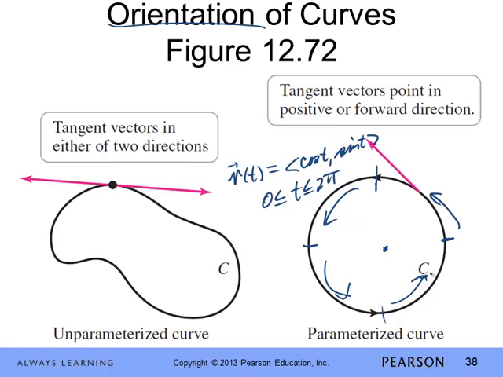And then when we're at 2 pi, we're back over here at 3 o'clock. But there's a direction implied as we let t increase in value. So that's what tells you the direction of the tangent vector at any particular point on the curve. That's kind of what we mean by orientation of a curve, by what direction the tangent vector points.